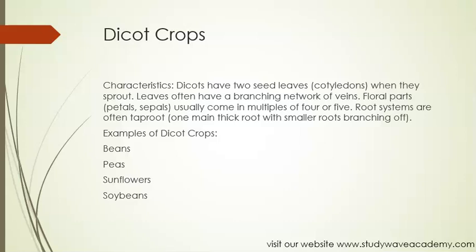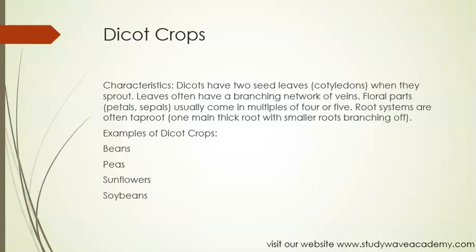Examples of dicot crops: beans. We eat beans, and they are dicot crops. They start growing with two seed leaves. Another example: peas.